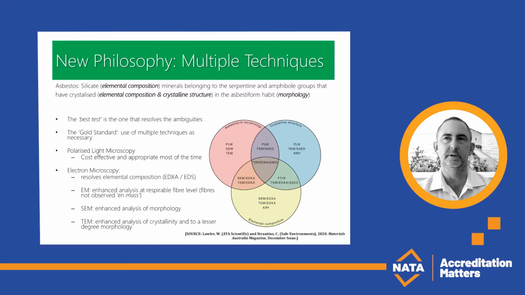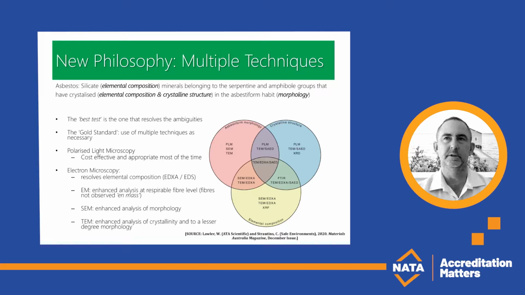So asbestos is defined as a silicate mineral in the serpentine and amphibole groups, crystallised in an asbestiform habit. And this is where the different techniques are employed to prove identity through observations of morphology, elemental composition, and its crystalline structure. And while polarised light microscopy is effective and cost efficient for most cases, electron microscopy is needed for complex samples such as naturally occurring asbestos and mining samples.